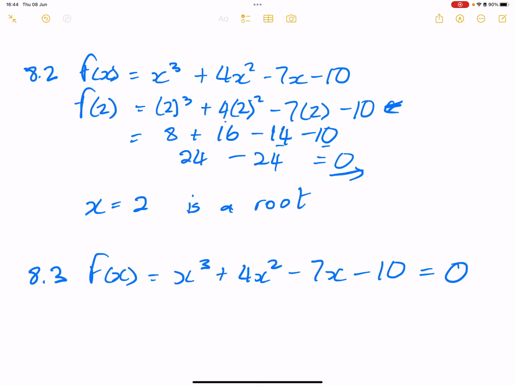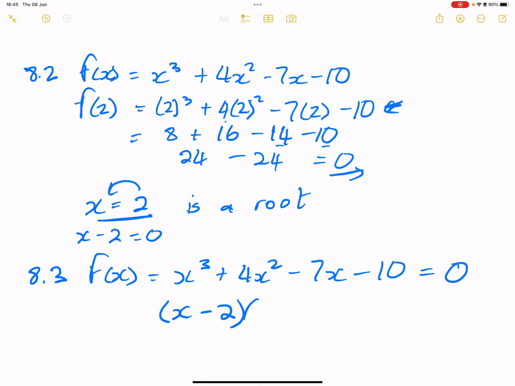We just found out that one of the roots is x equal to 2. But when we put that root there, we put it as x minus 2, because for it to be equal to 0, x minus 2 is equal to 0.